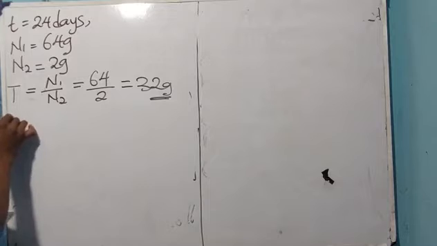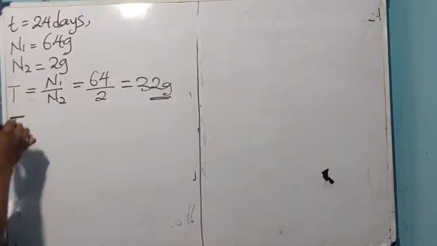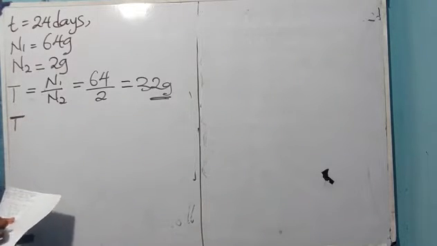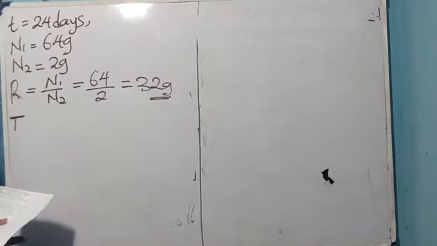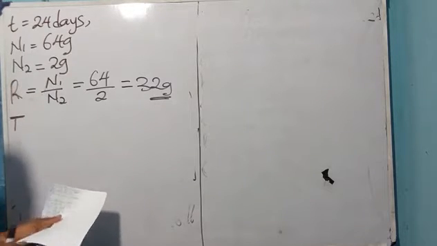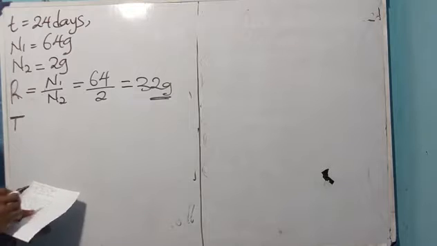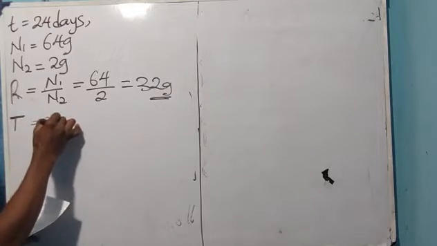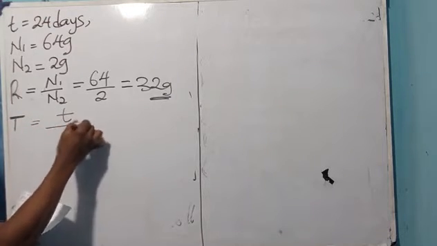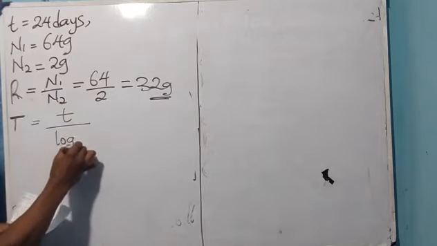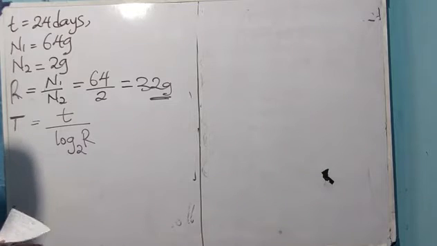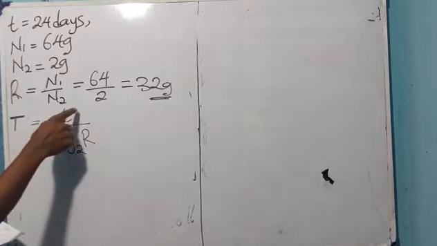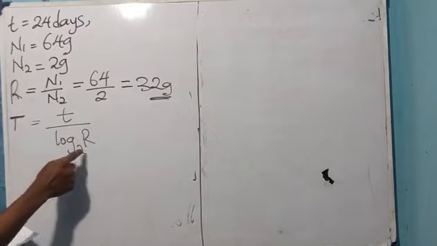However, I gave us that half-life. Okay, it should be rate, right? Yeah, rate is rate. Now I gave us that half-life is always equal to t over log 2 arrow.